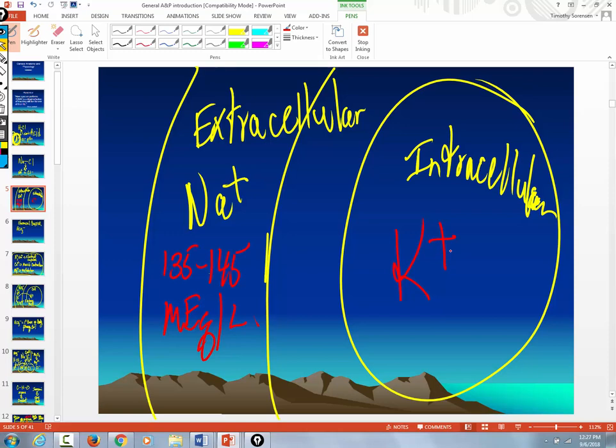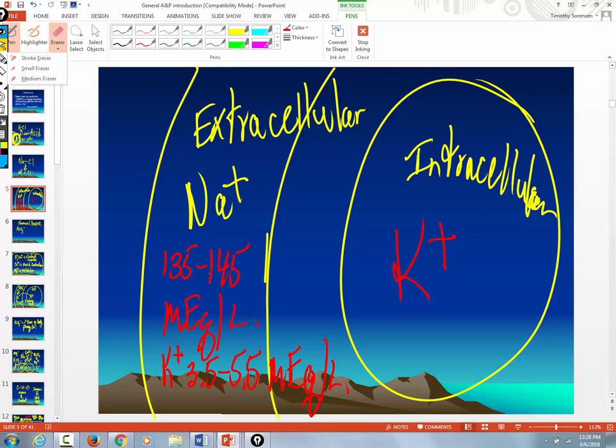Sodium, because sodium is highly concentrated in the blood. So potassium levels in the blood are 3.5 to 5.5 milliequivalents per liter, because you don't measure the potassium in the cell. You only measure it in the blood, and potassium is always highly concentrated in the cell.